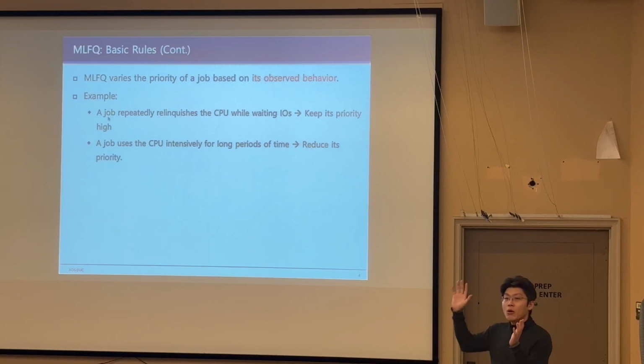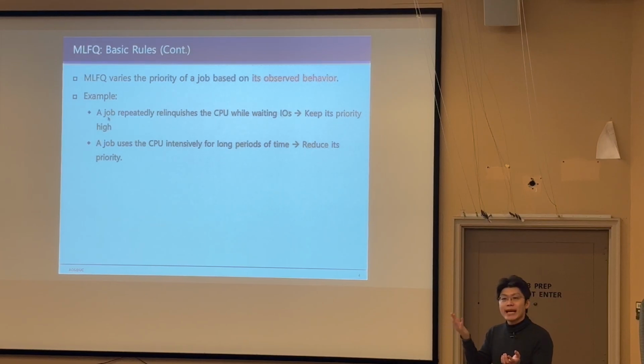All right, so this is how you predict the future in multi-level queue. If a process repeatedly gives up the CPU before it finishes its time slice, it means that its CPU burst might be very short. Because its CPU burst is very short, remember what the goal is?